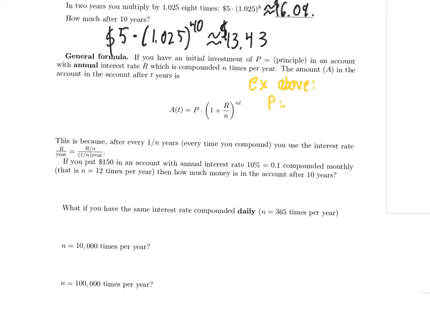The initial principal was 5. The rate was 0.1. And n in the example just above was 4, compounded 4 times per year.